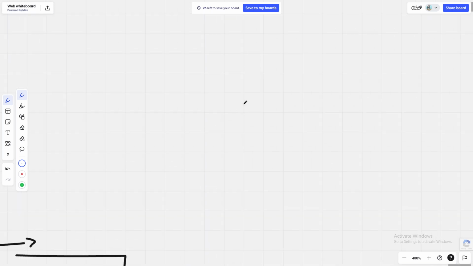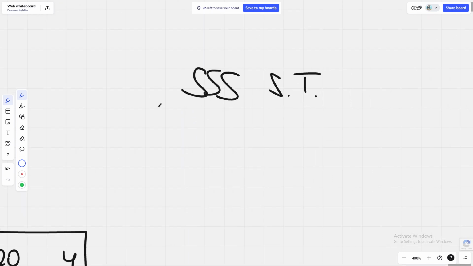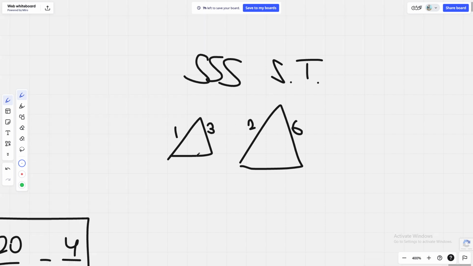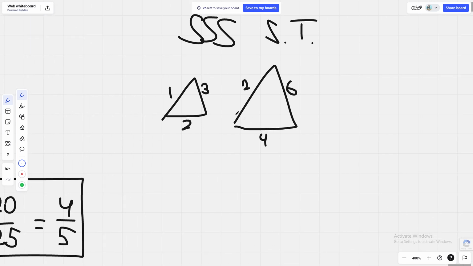Now, let's go with the theorems. We have the SSS similarity theorem, which basically states that if the corresponding sides of two triangles are proportional, they are similar. So let's say that this measures 1, this measures 3, this measures 2, and the other sides measure 2, 6, and 4.